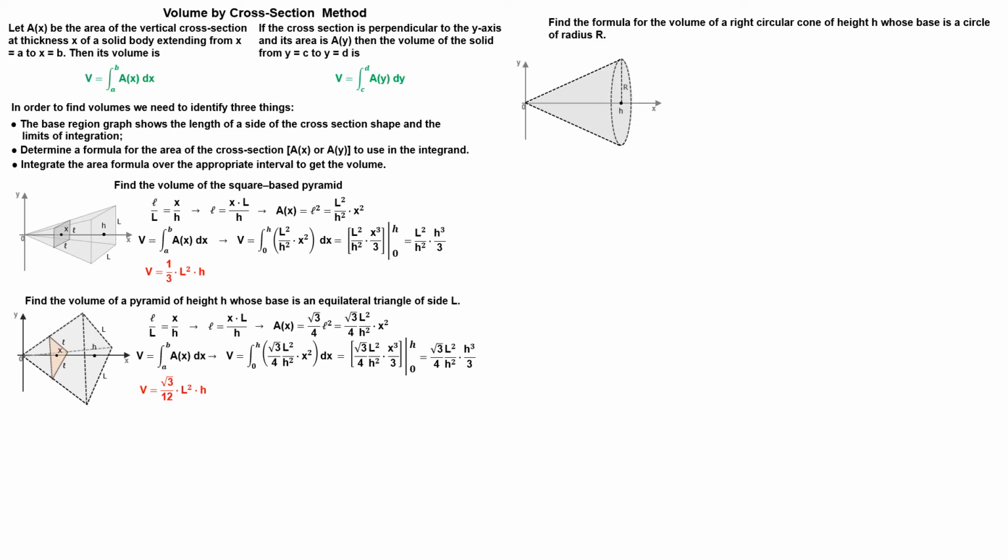We know the base is a circle of radius r, so the cross-sections are circles as well. We can express the area of the cross-section as a function of x by observing similar shapes. The area of the circle is pi times radius squared. We now perform the calculations.